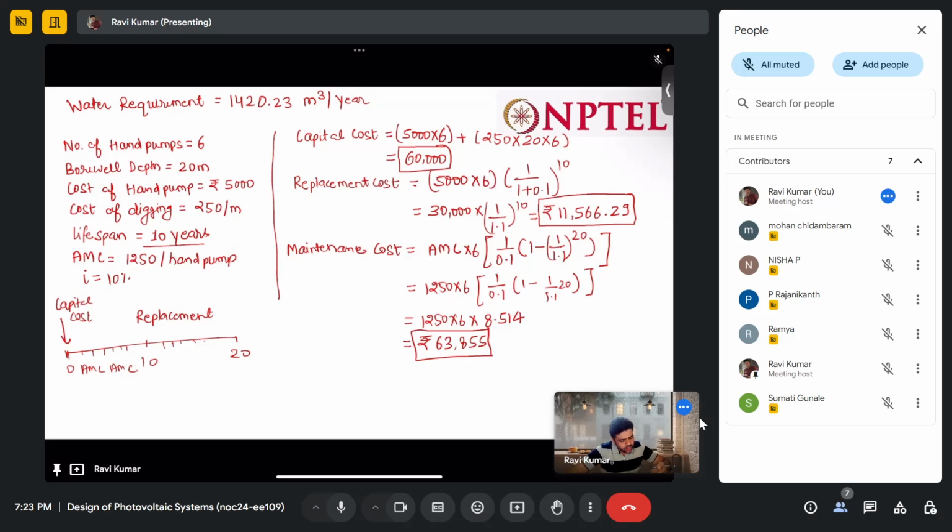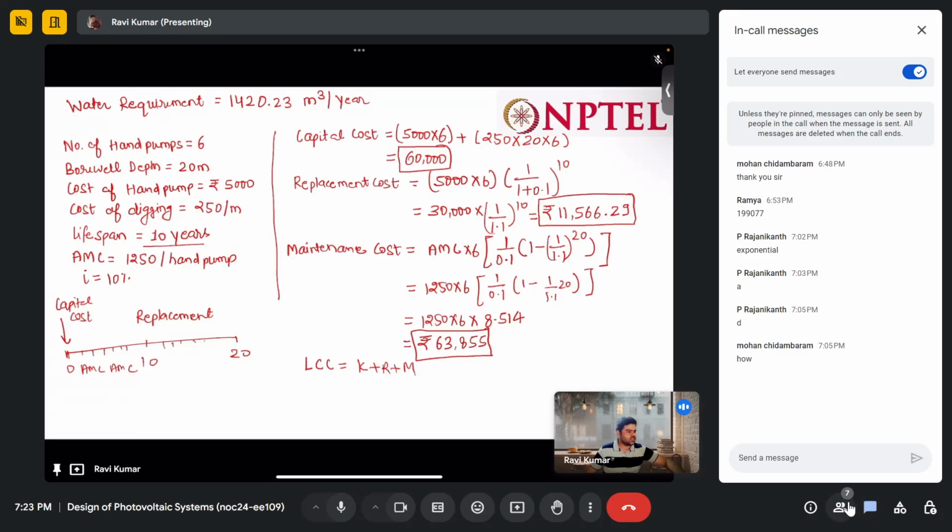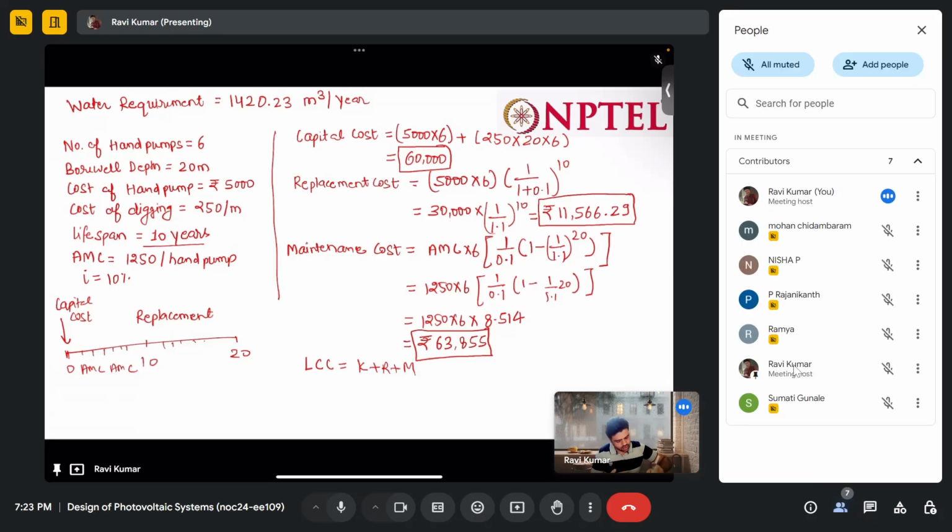Now our LCC will be K plus R plus M, because we don't have any energy cost, we don't have any other cost, so just need to add these things. So our LCC will be 60,000 plus 11,566.29 plus 63,855.